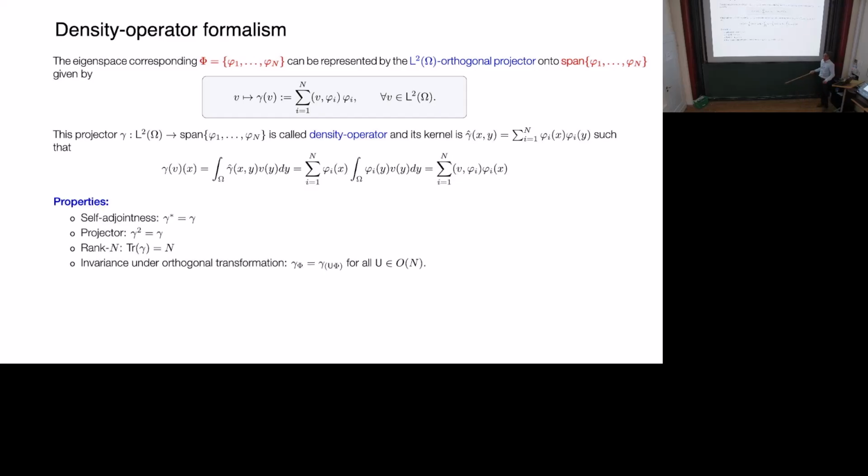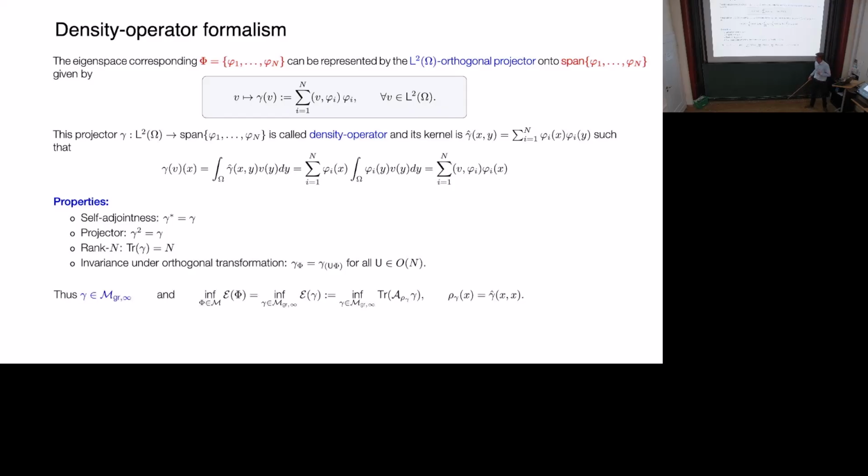So it is indeed, you can show this is a self-adjoint operator. It's a projector. You apply it twice, you get the gamma. Its rank is n because you have n orbitals. And this object is invariant under these unitary transformations because it represents a space, and the space is independent of the basis.